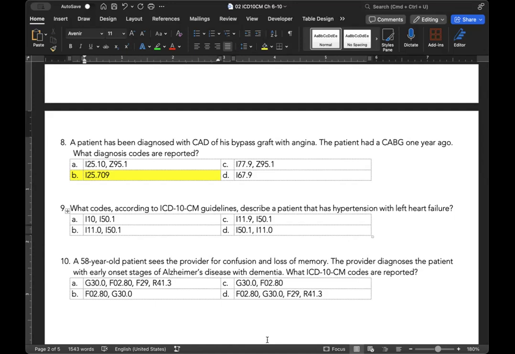So what code does that give us when we have hypertension with heart failure? Is it I11.0? Okay, I11.0. Yeah, same thing. So let's go to I11.0 and look at our code description.